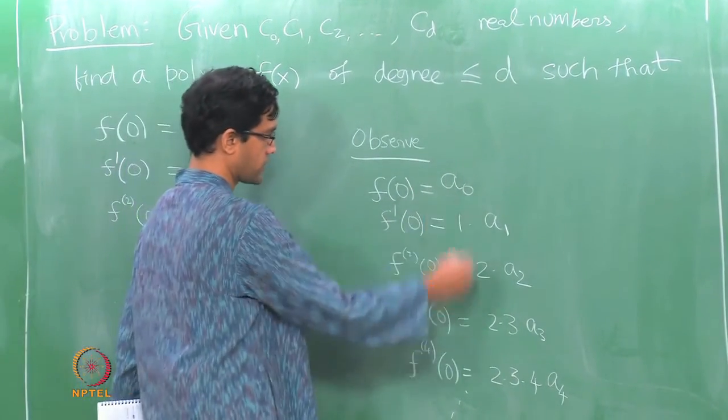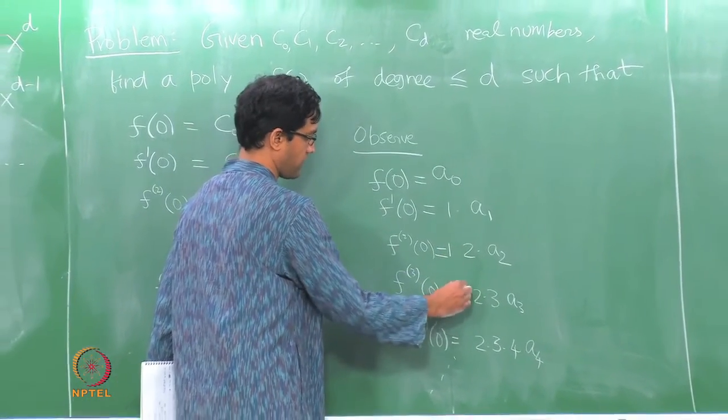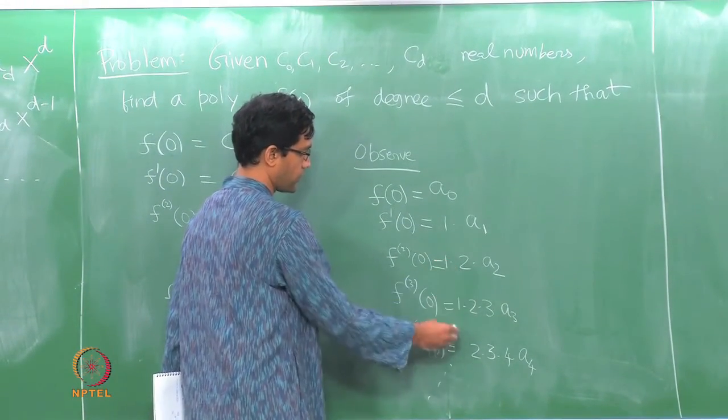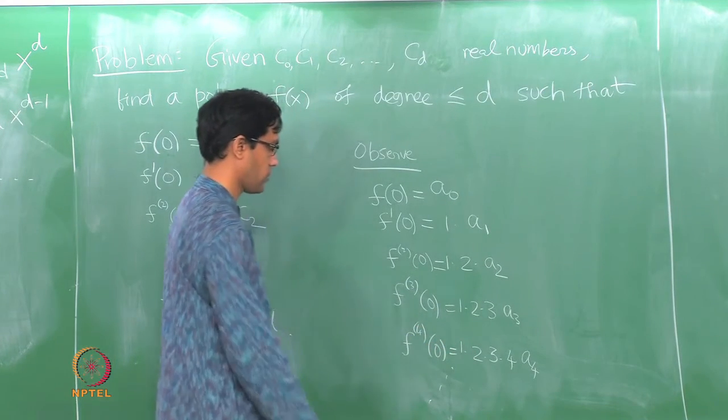Okay. So in order to make this a little more symmetric, let us just throw in a 1 everywhere. It is 1 into 2, 1 into 2 into 3, 1 into 2 into 3 into 4 and so on.